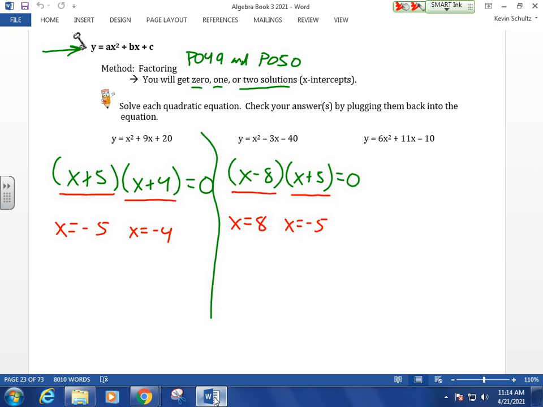Then we look at the last one, and we see it does have a coefficient on that x squared term. So now this is back to PO50, where we have that 7-step process. Step 1 being factor out the greatest common factor, which there isn't one, so we can skip that.